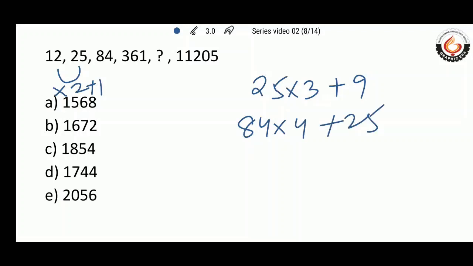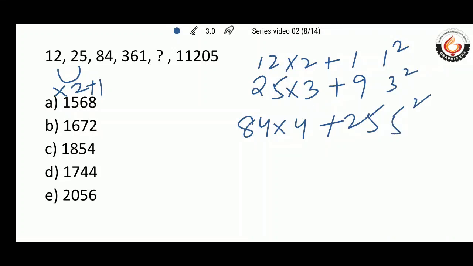Now the pattern which is being followed is, initially it was 12 into 2 plus 1. It looks very easy. Multiplication is increasing by 1 and the digit which is being added, this is square of 1, this is square of 3, this is square of 5.